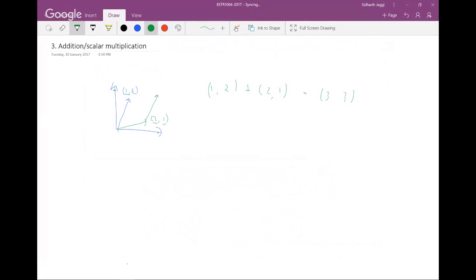You've probably seen this when you've studied vectors. I take one vector, and then from the ending point of this vector, I take the other vector. I shift this vector over here.